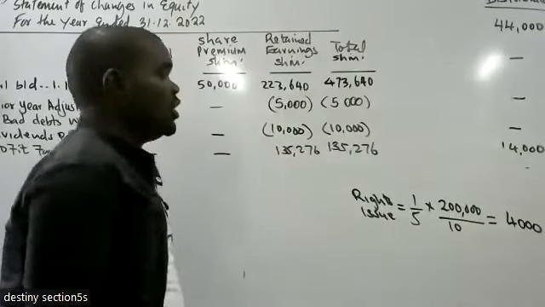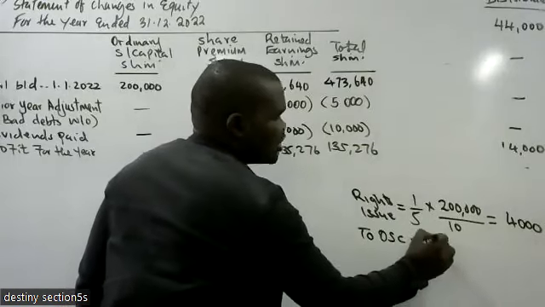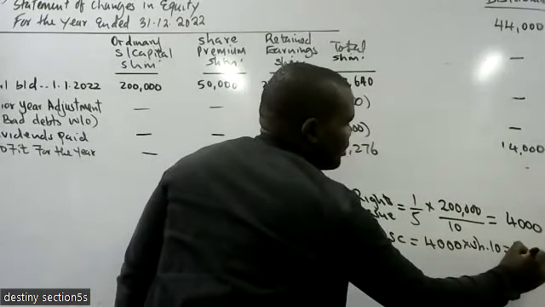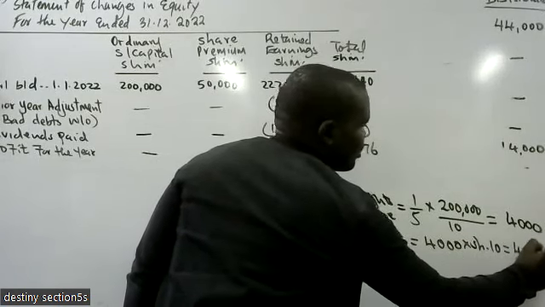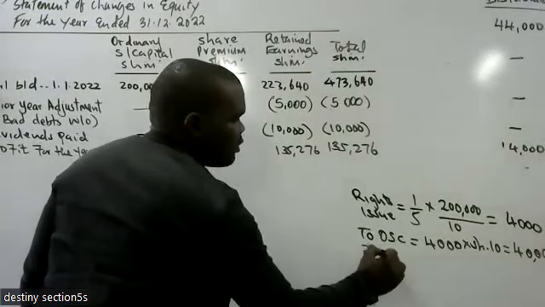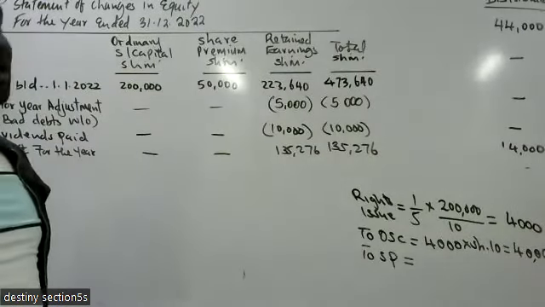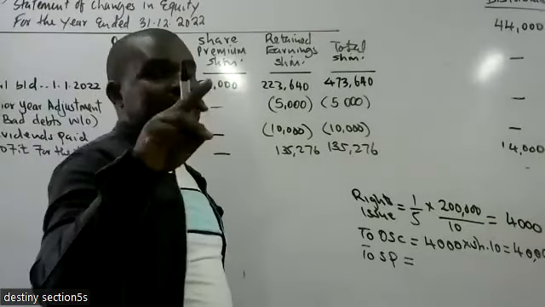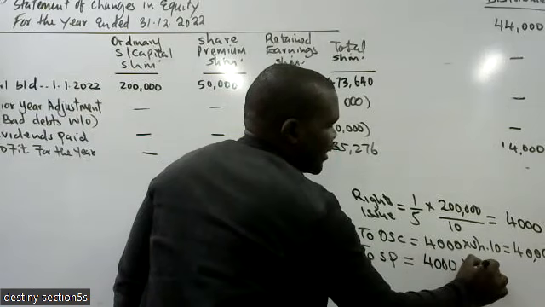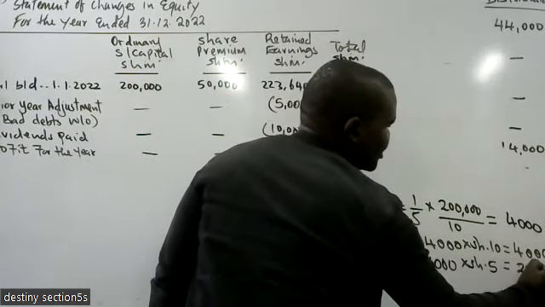So this 4,000 to ordinary share capital, you will take 4,000 times the par value, which is 10. That is 40,000. Then to share premium, they gave those shares at shillings 15. So premium is the 5 shillings. So you take 4,000 times shillings 5, which comes to 20,000.